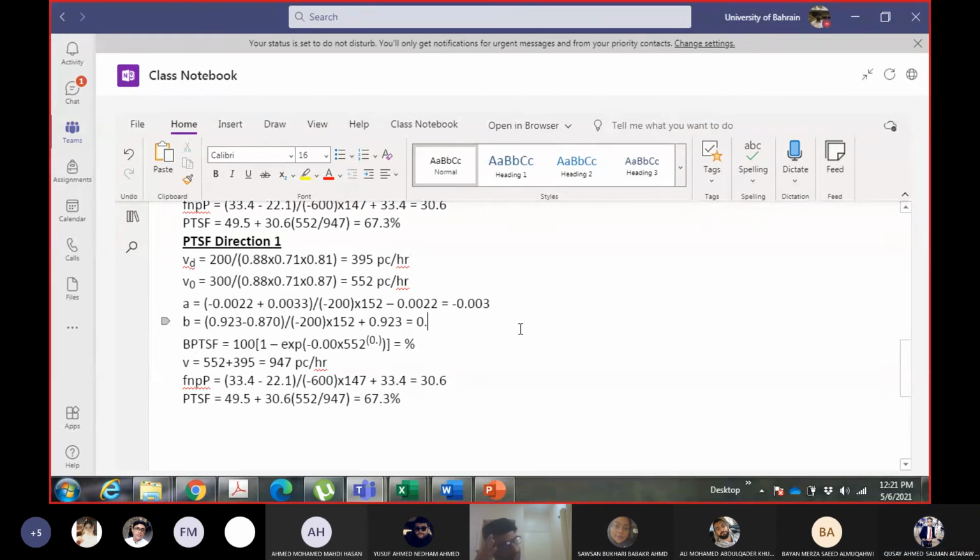Okay. Then this value, B value. 0.88. Okay.